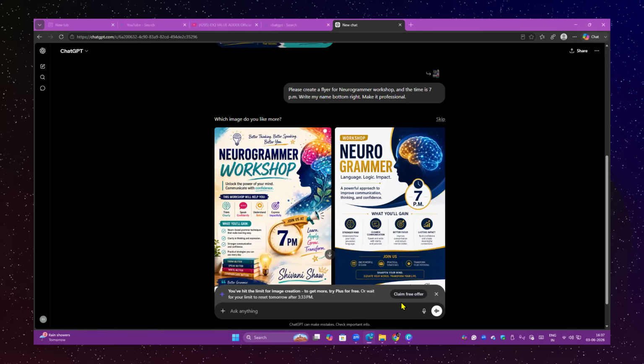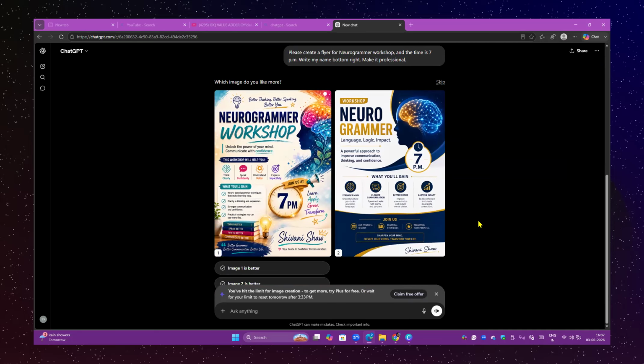Okay. Look at this, guys. ChatGPT created two pictures. Okay. Look at this. Two pictures. And it is asking whether image one is better or image two is better. Yes. So I think both images are better. Professionally, image two is better than the first image, but I am a visual person.